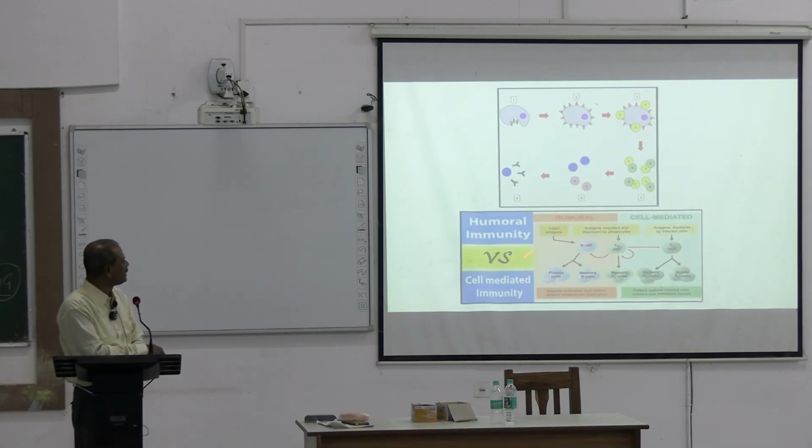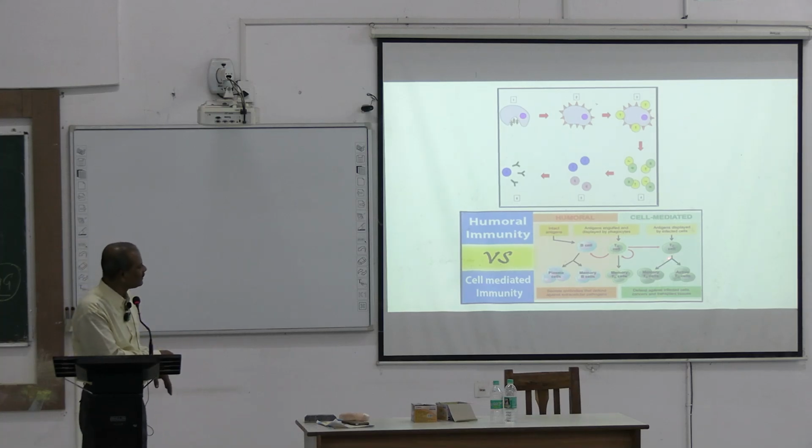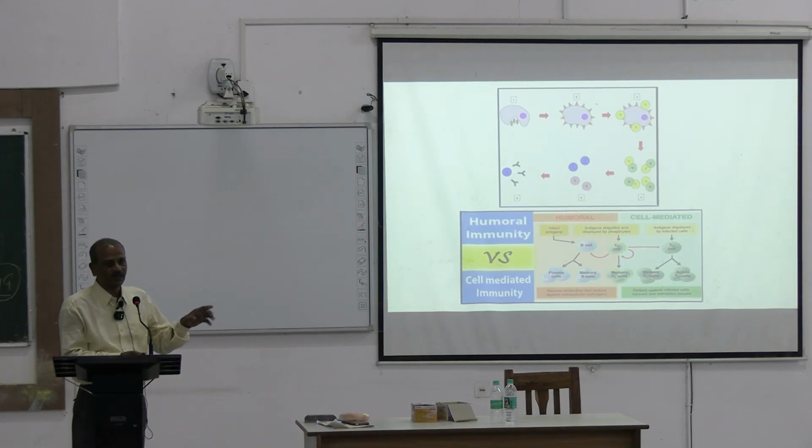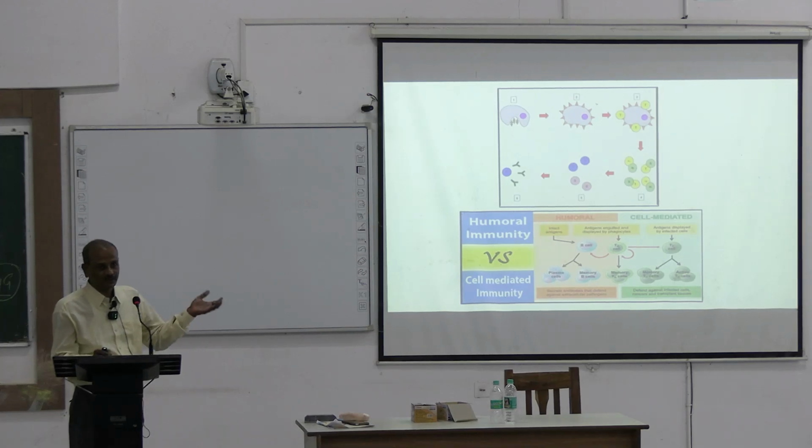So humoral immunity and cell-mediated immunity are basically controlled by the T helper cell. T helper cell presents the antigen on one side to the B lymphocyte, and on the other side to the T cytotoxic cell. That is how both systems are connected; the T helper cell acts as an intermediate between the two systems.